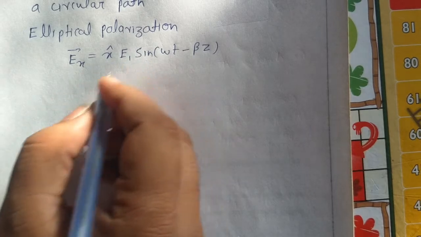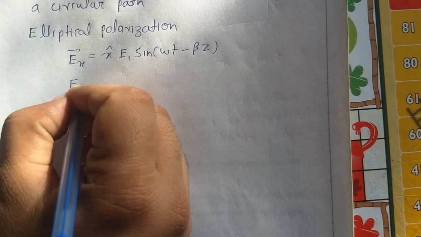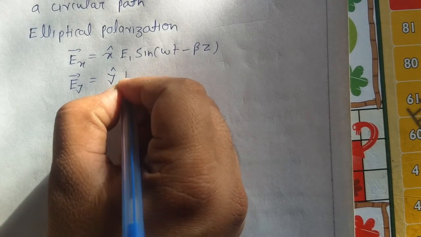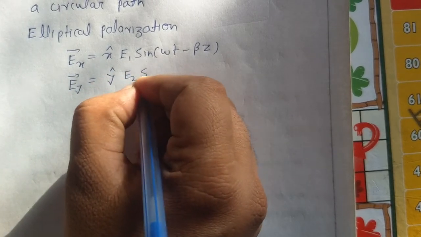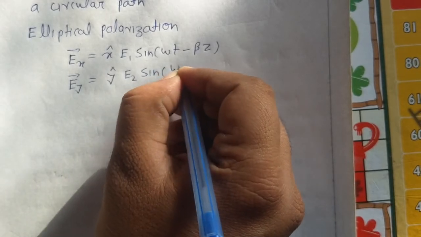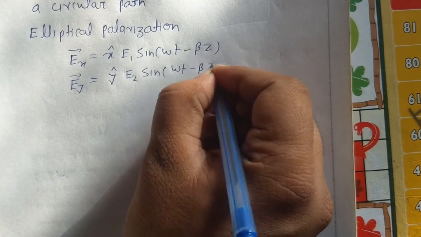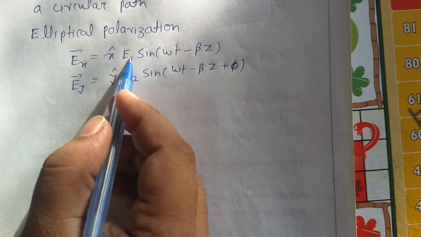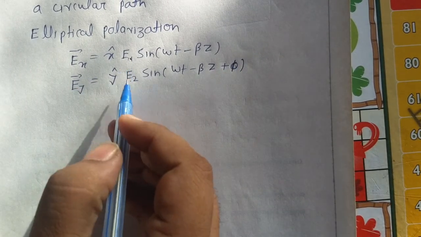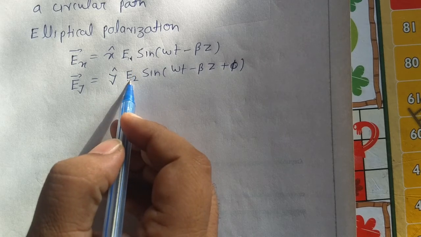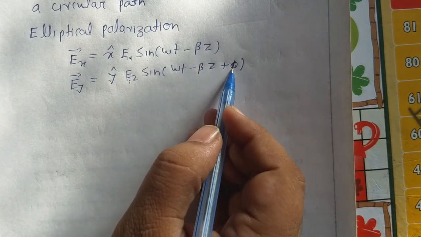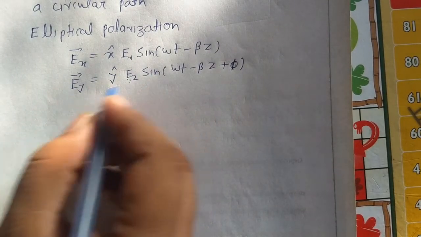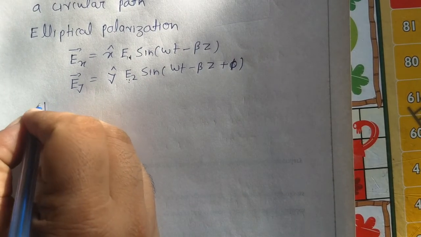This is an x directed wave, and Ey equal to y hat E2 sine omega t minus beta z plus phi. Now see, in this case both amplitudes are different, E1 and E2, and there is a phase difference phi which is not equal to 90 degrees, and the wave is moving along z direction.